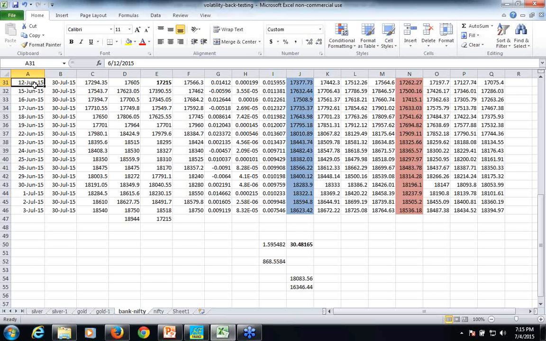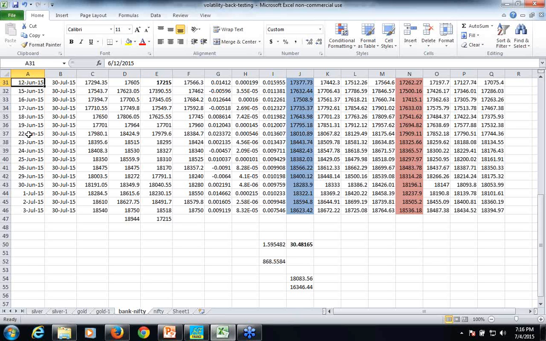So 12th got added, 13th and 14th are holidays, 15th is coming. Here two holidays are there. So counting 1, 2, 3, 4, 5, 6, and with the holidays, 10. So the 10th day is falling on a holiday.